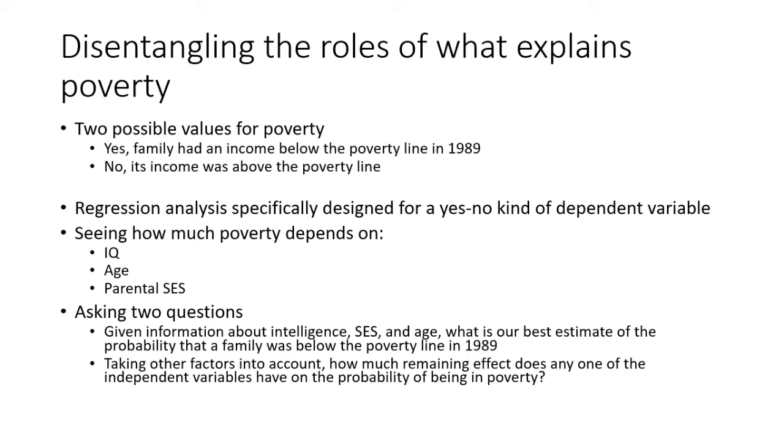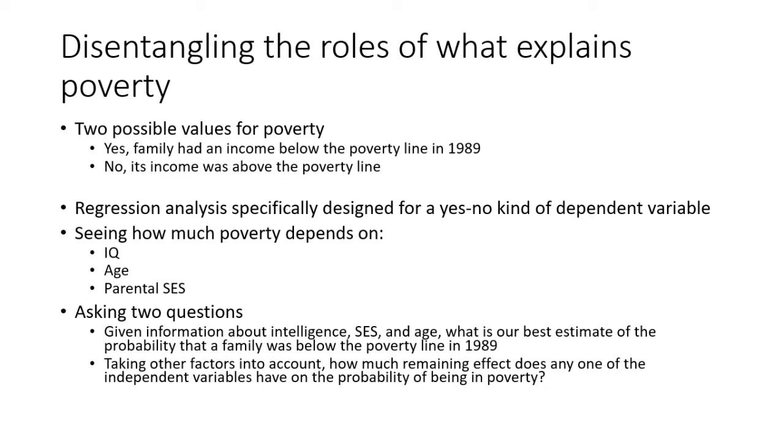And then they're going to ask another question. Taking other factors into account, how much remaining effect does any one of the independent variables, age, IQ, parental socioeconomic status, have on the probability of being in poverty?